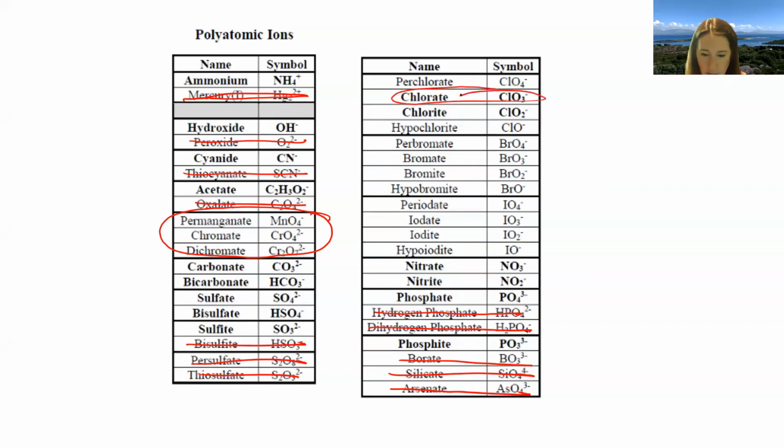I'm going to go over the sliding scale in just a minute. So you just really need to know chlorate, nitrate, phosphate. That's really all you need to know. And sulfate, carbonate, right? Because anything with the H, those are the sliding scale I was talking about.